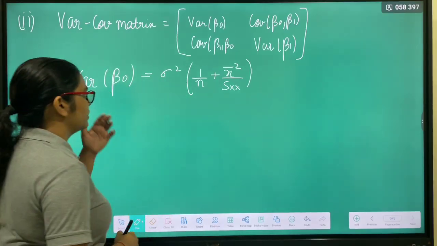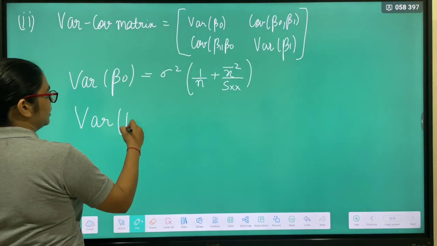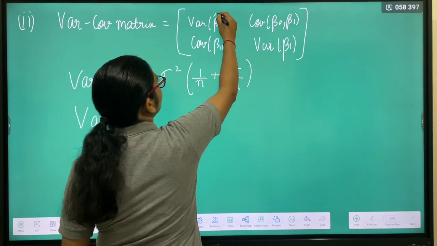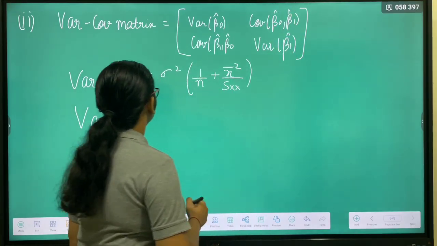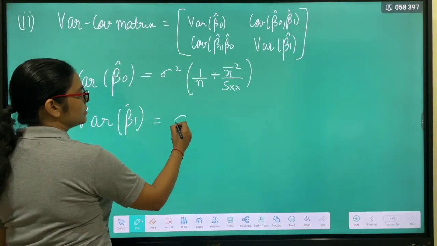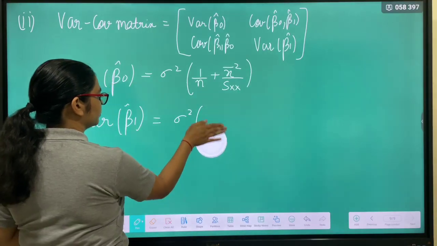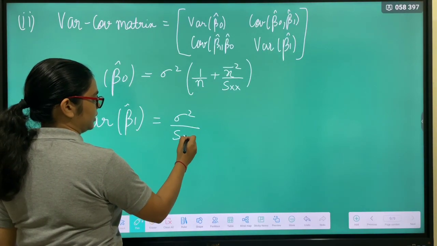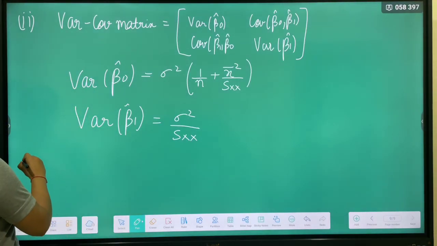This is the variance of beta naught, and variance of beta 1 cap is nothing but sigma square upon sxx.